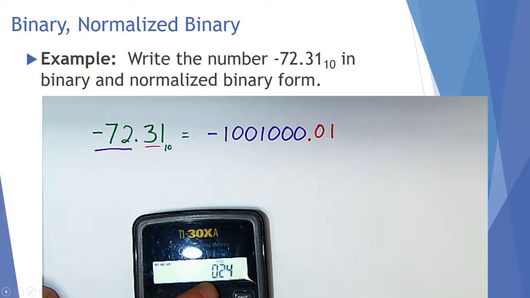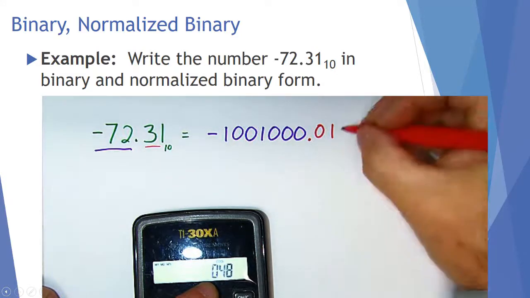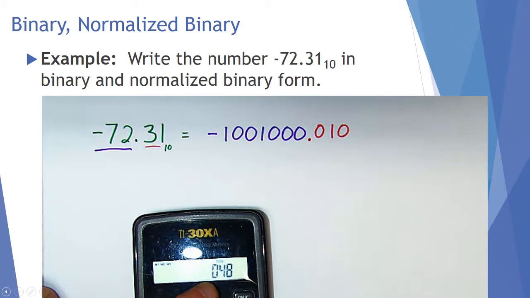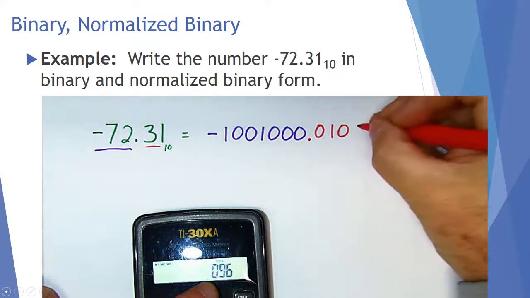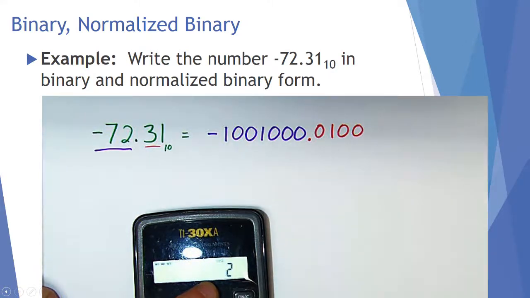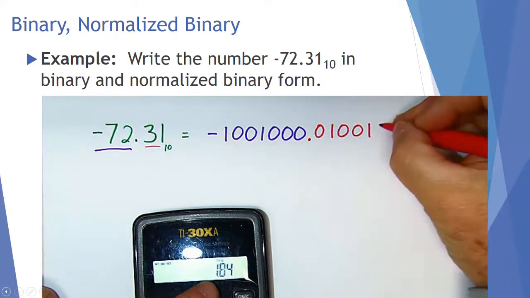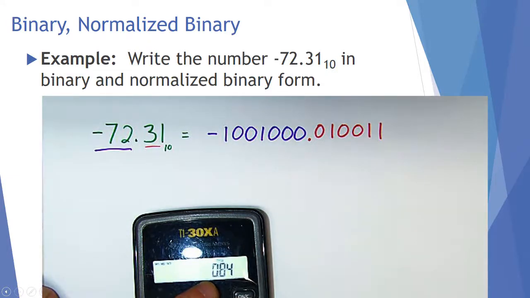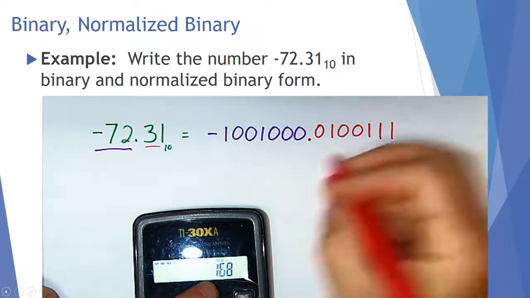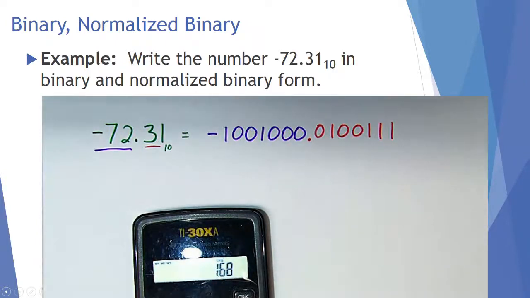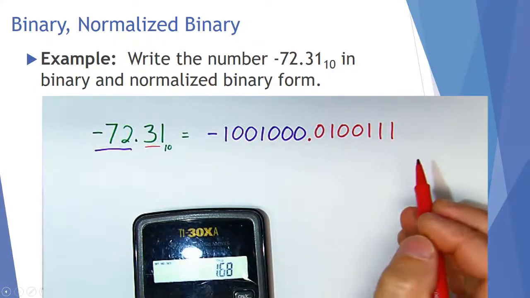Subtract off that 1, multiply it by 2 again, and we get a 0. Times 2 again, we get another 0. Times 2 again, there's a 1. Subtract off that 1, times 2 again, there's another 1. Subtract off that 1, times 2 again, there's another 1, and we can go on as long as we want here. That's far enough for our purposes.